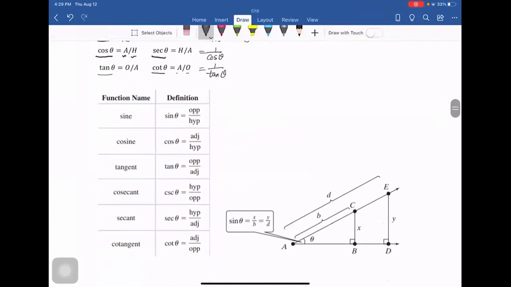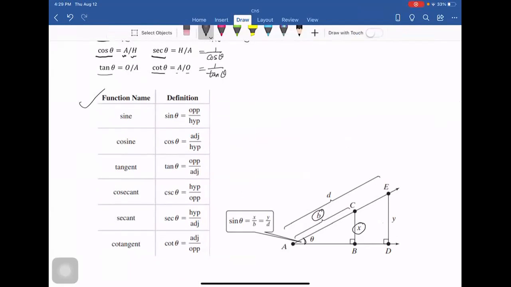Here is the conclusion. So read it by yourself. In the right triangle, for example, the triangle ABC, the sine theta, this is theta, equals x over b. That's the opposite divided by hypotenuse.